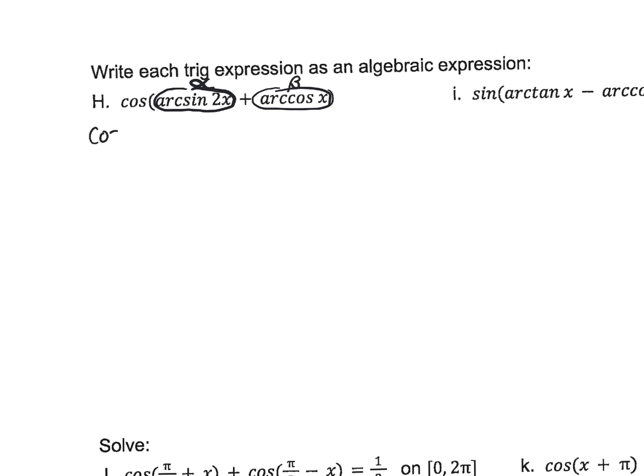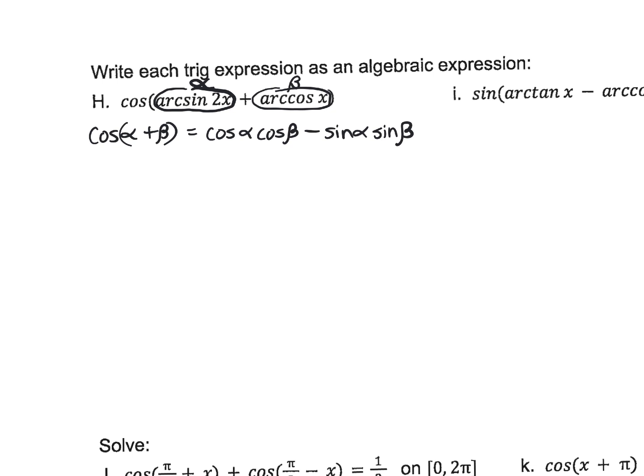So we are doing cosine alpha plus beta. What is the formula for cosine alpha plus beta? Cosine alpha times cosine beta minus sine alpha sine beta, right?